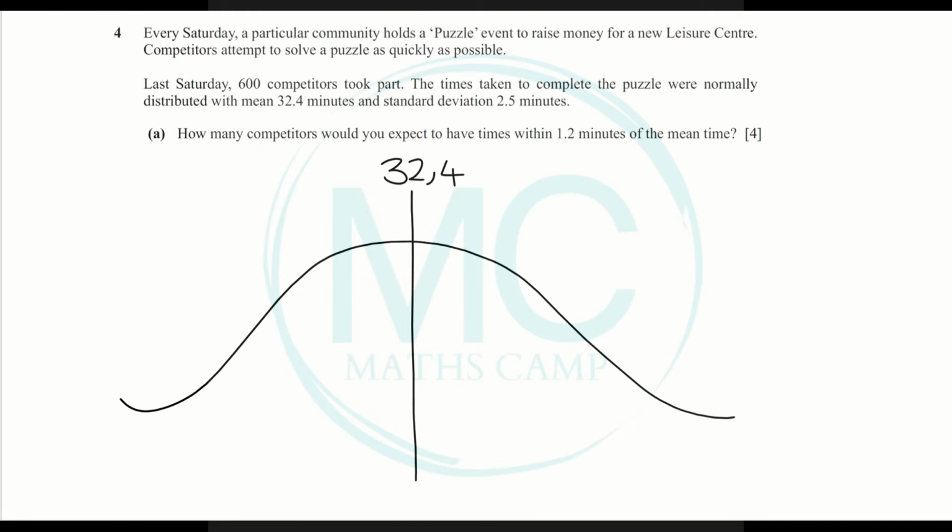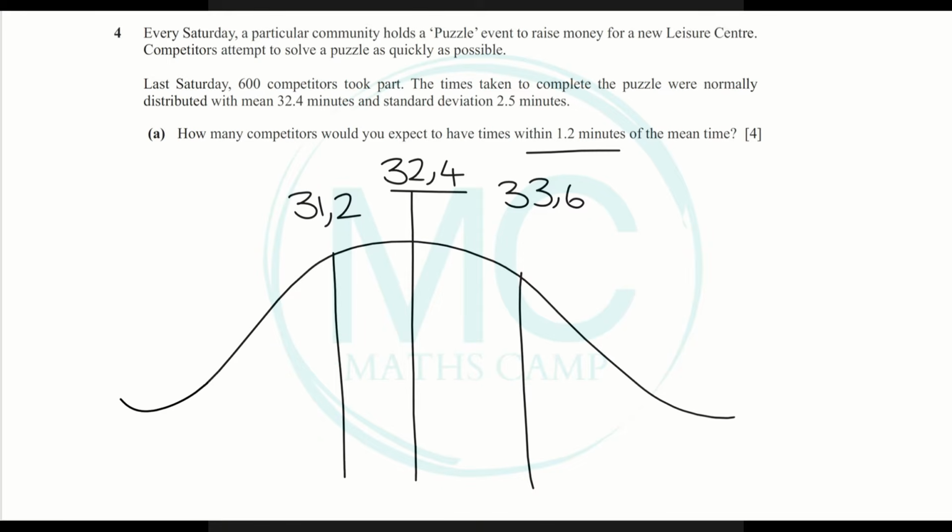The question tells us the competitors have times within 1,2 minutes of the mean. So if we add 1,2, we get 33,6. Let's make a line over here. But if we subtract 1,2, we get 31,2. Put a line over here.